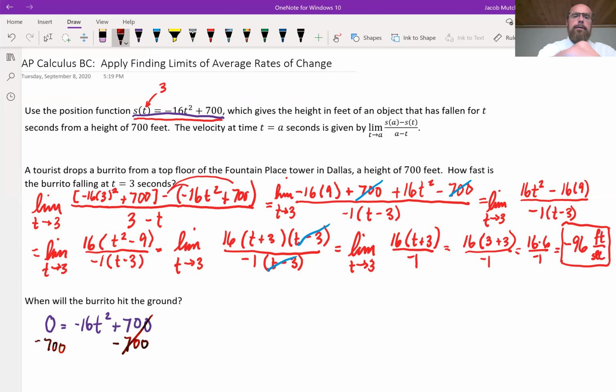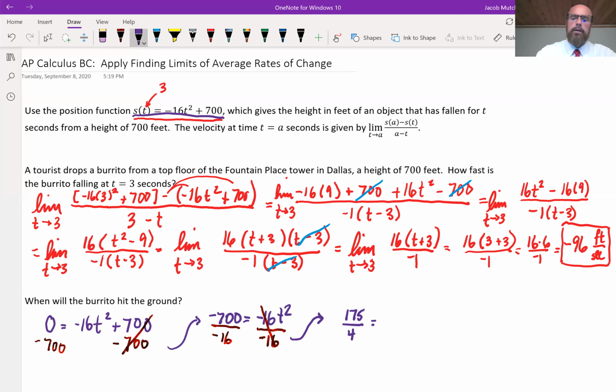And that'll give me, I'm going to move over here to the right, negative 700 equals negative 16t squared. And then to isolate the t squared part of that term, I'm going to divide by negative 16, cancel that, divide also negative 700 by negative 16. And at that point, what I get, again, I'll keep moving to the right, is positive 175 over 4, if I reduce negative 700 over 16, equals simply t squared.